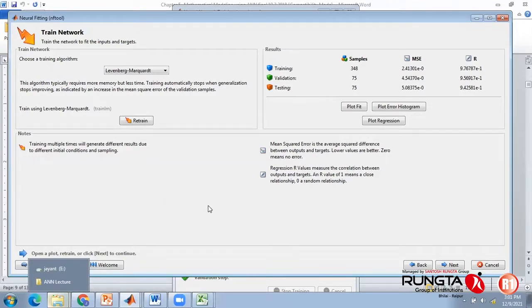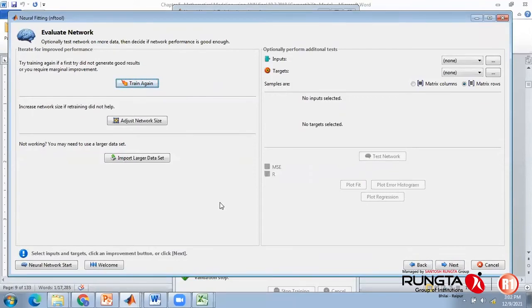So for example, I'm okay with this result: MSE is okay, R is also okay. Then we would like to talk about the specific interpretation. Let me go to this one. On this console, the GUI will ask you whether you would like to retrain it again.